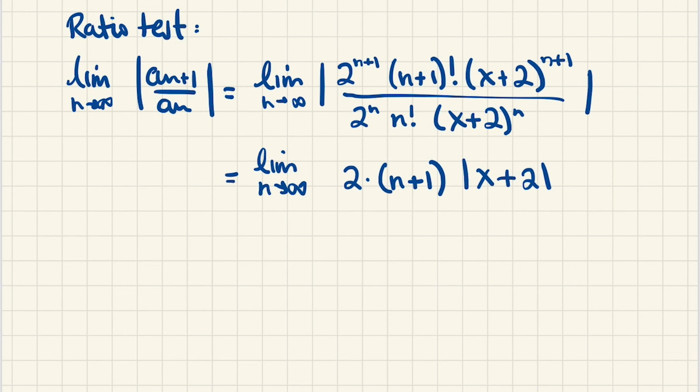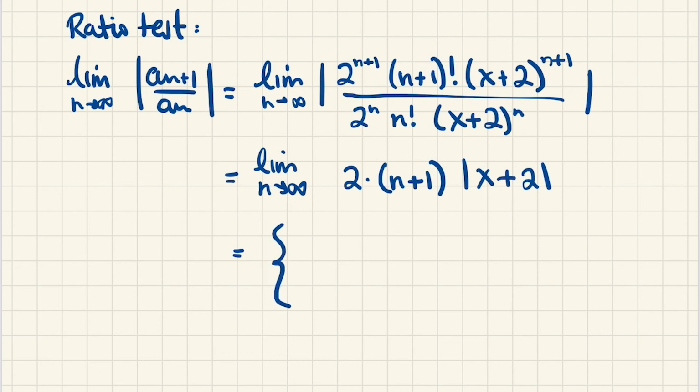So one could quickly conclude that this limit must evaluate to infinity no matter what, except there is one x value for which this does not evaluate to infinity. And that is whatever makes this quantity equal to 0. So in other words, when x is equal to negative 2, then we have a quantity of 0 here, and this limit evaluates to 0 in that case.